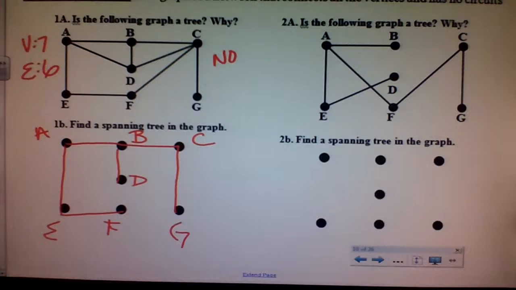Or you could do C to D, or you could do A to D. So every dot is connected, and we've used 1, 2, 3, 4, 5, 6 edges.